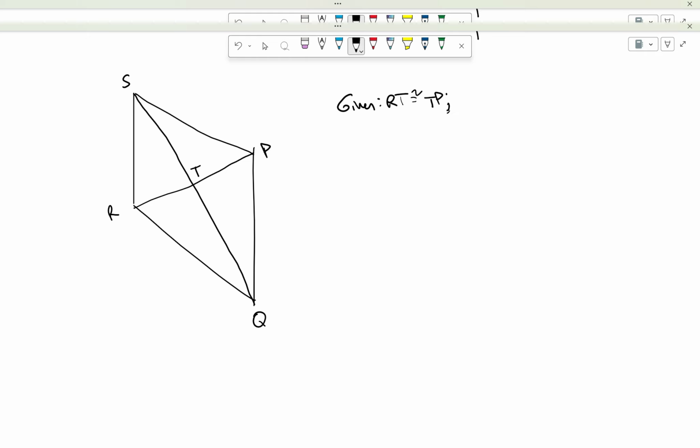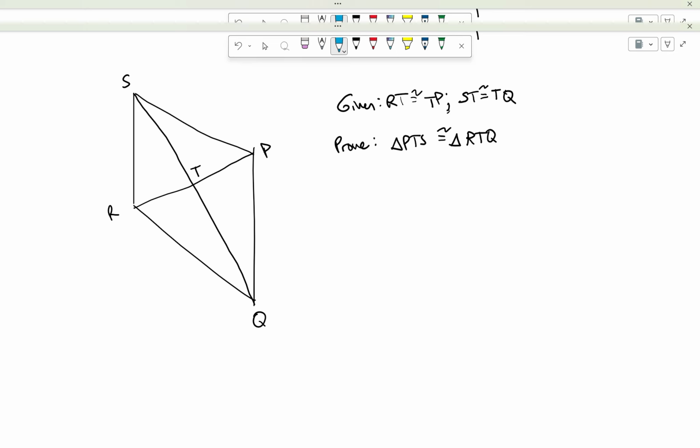Moreover, ST is congruent to TQ. And we're going to prove 2 of our triangles congruent, which is triangle PTS and triangle RTQ. Now, remember what we talked about previously, which was the dialectic, talking this out with each other.